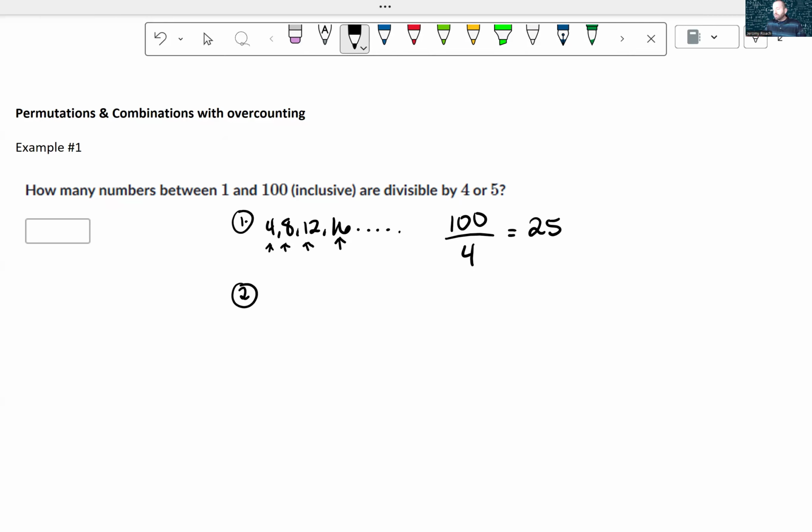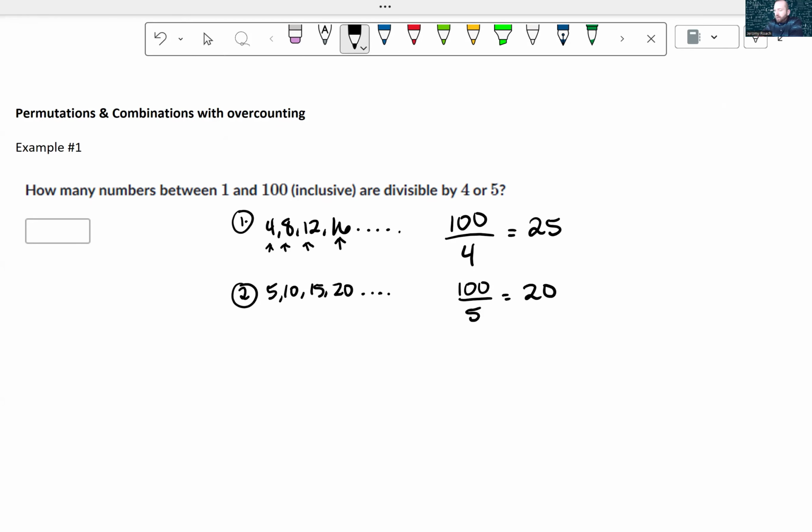For step 2, we want to find the multiples of 5. You could write the list of this again if you wanted to, but the shortcut is 100 divided by 5 gives us 20. Now you might be thinking 25 plus 20 is 45. That's our answer. You're close if you think that's our answer, but that's not quite our answer. So what we have to do is subtract the overlap.